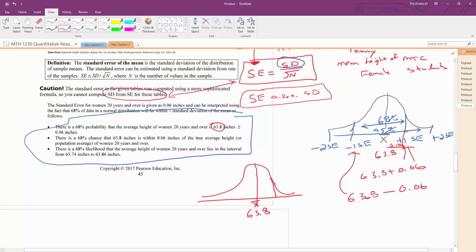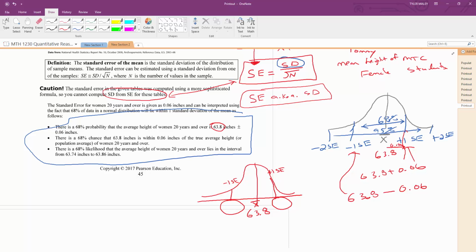Here, if this is +1 standard error, and here this is -1 standard error, then we can find what these values would be. So 63.8 plus 0.06 would be what? 0.06.